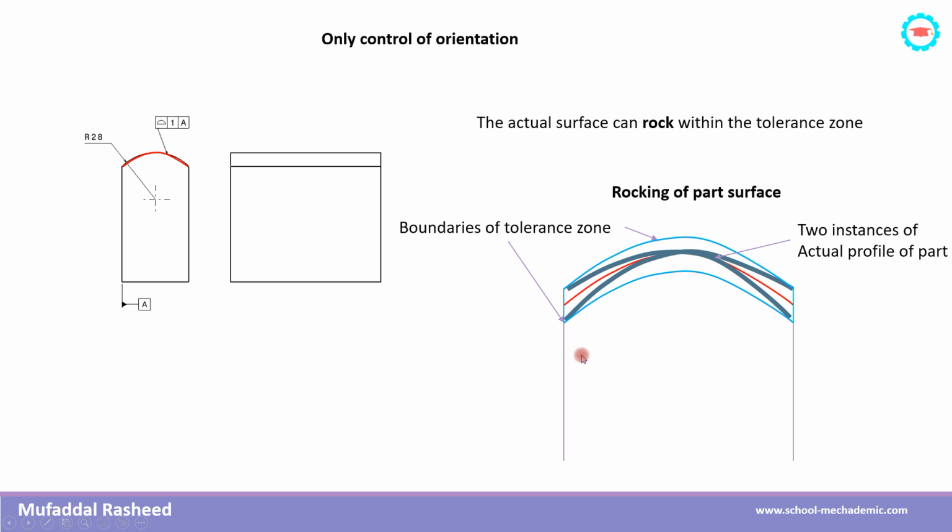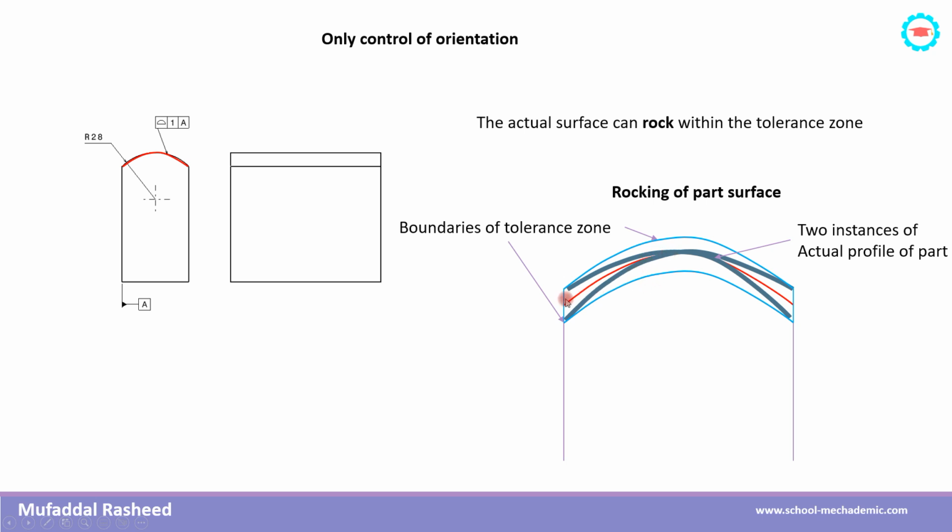So that 90 degrees can vary to a certain higher value and to a certain lower value, which is defined by the extremes of the curve as located within the tolerance zone, which is defined by these two boundaries, which are spaced 1 mm with respect to each other, equally spaced with respect to the nominal surface.